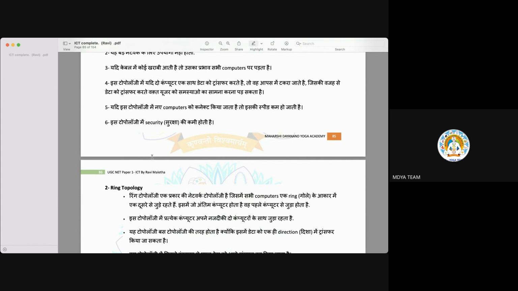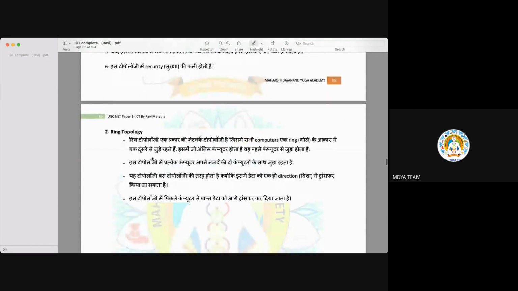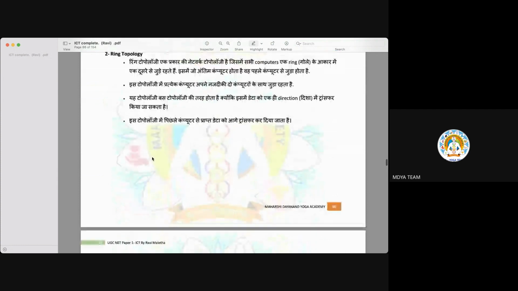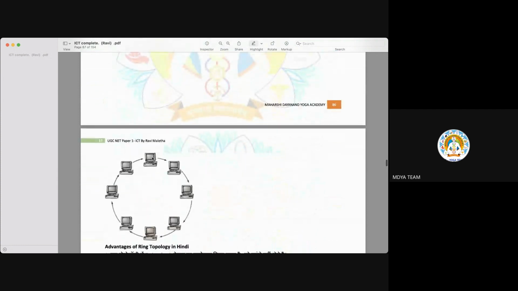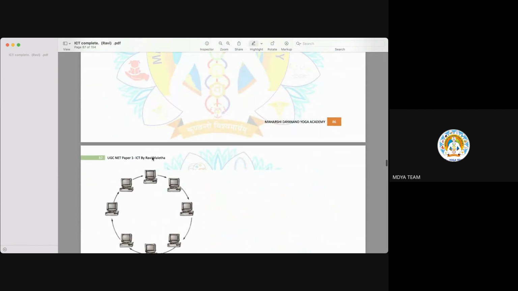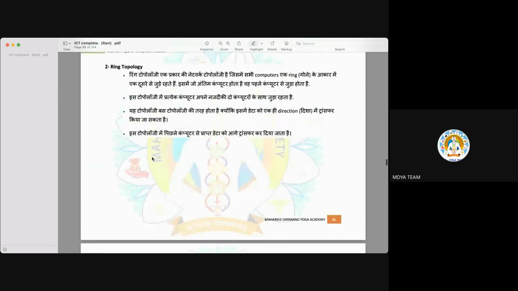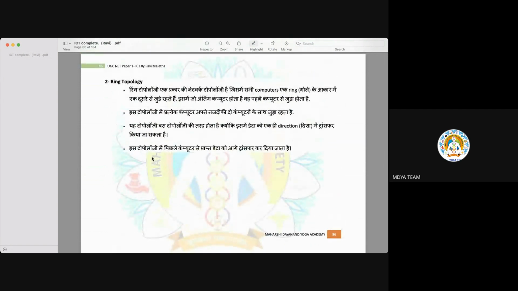The second one is ring topology. Ring topology looks like this. Here, one computer is connected to the next, the second is connected to the third, but there is no direct connection between the first and the third or fourth. All right, adjacent computers are connected like a ring, and the last computer is connected to the first computer.